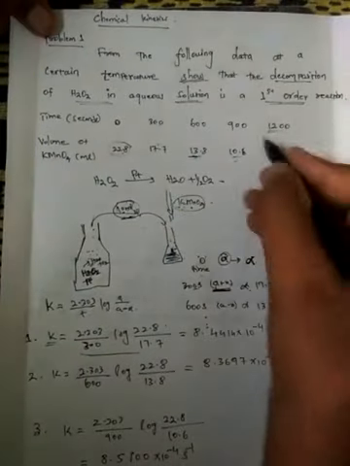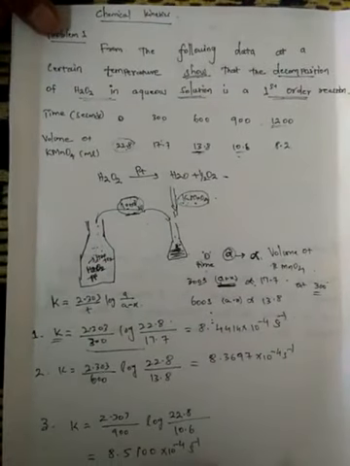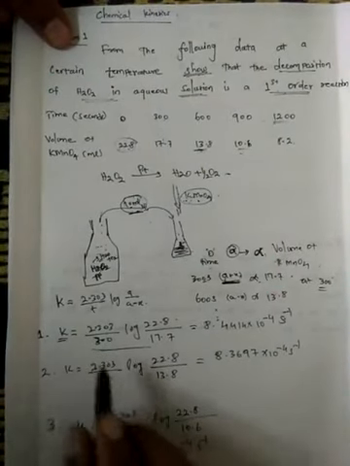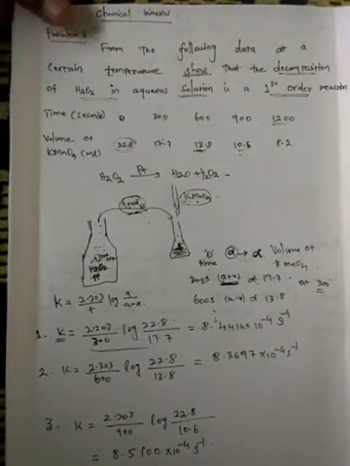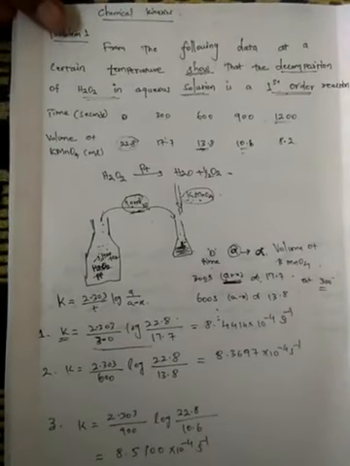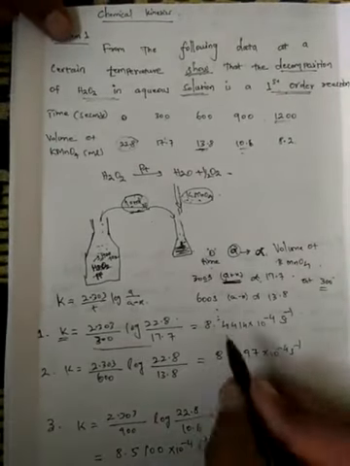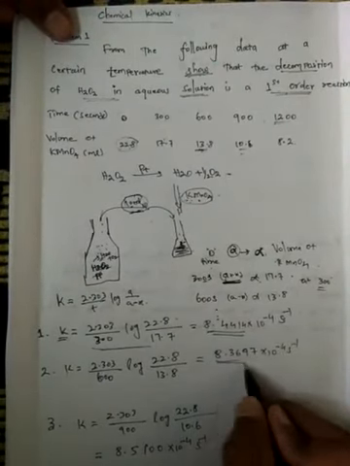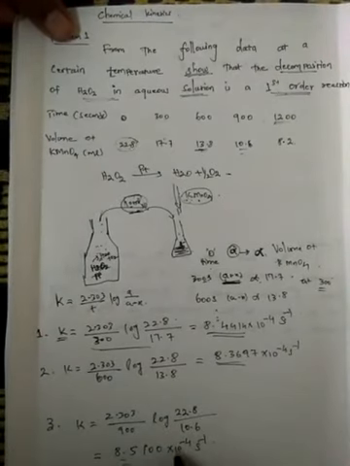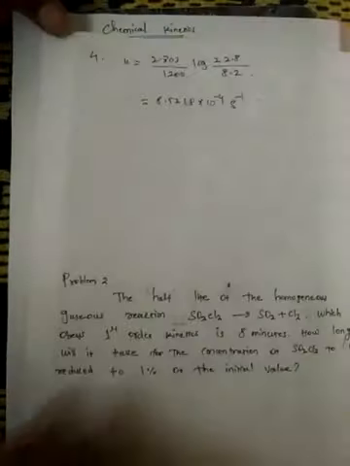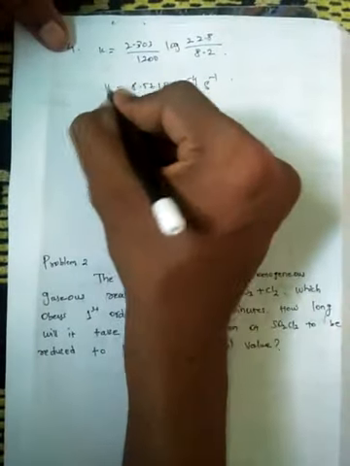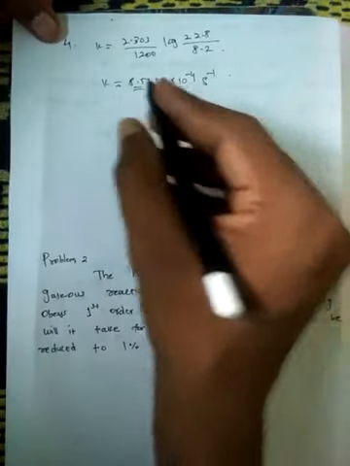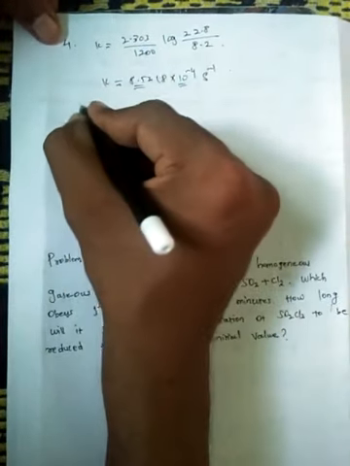So from these data, I just calculated the K value at various times, 300, 600, 900. The values are 8.4 into 10 power minus 4, 8.36 into 10 power minus 4, 8.5 into 10 power minus 4. In the fourth, the K value is again 8.5 into 10 power minus 4. So the value is around 8.5.